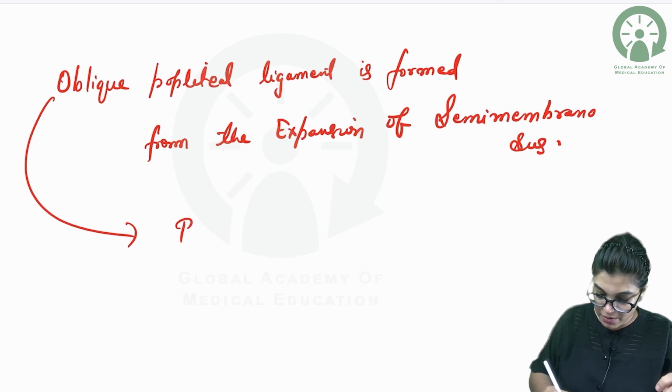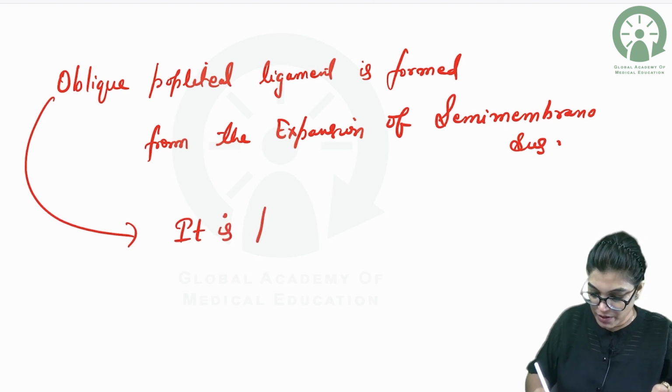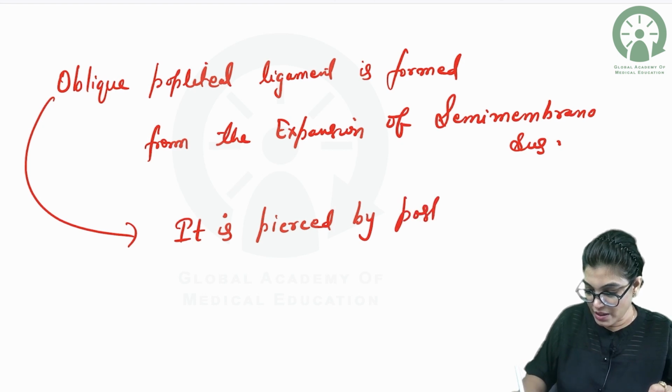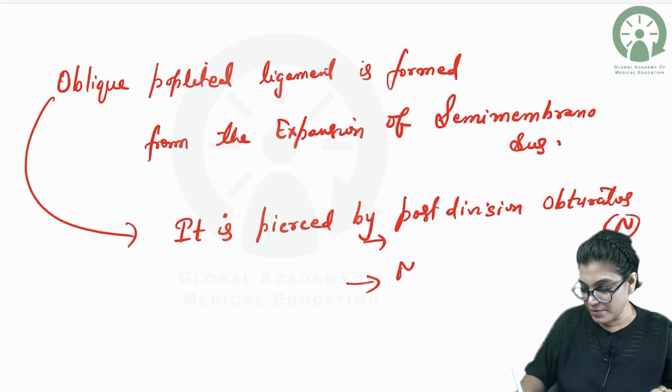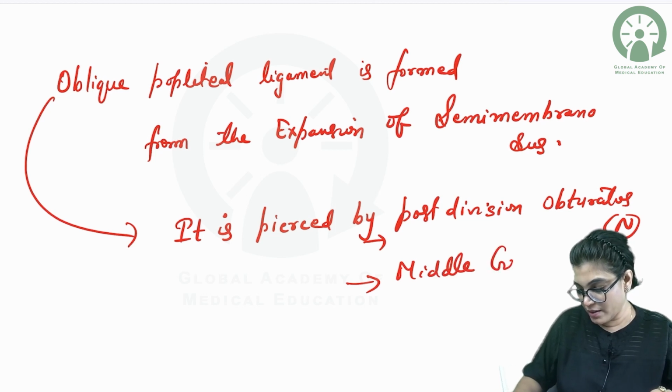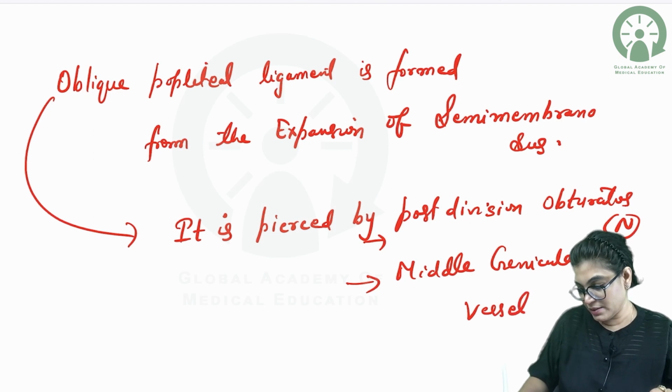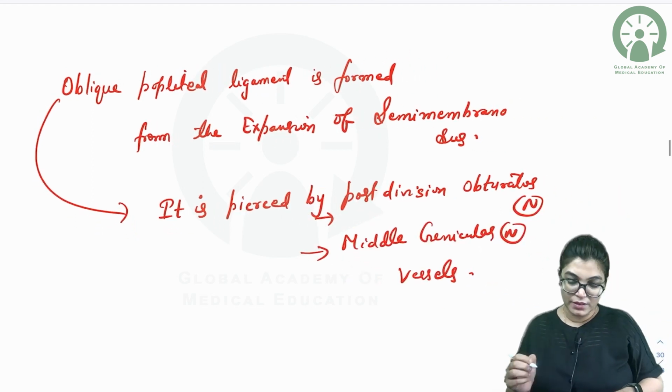It is pierced by the posterior division of the obturator nerve and the middle genicular nerves and vessels.